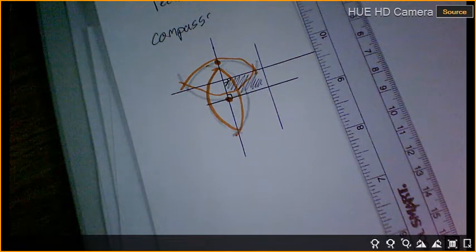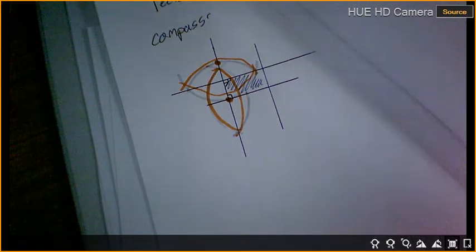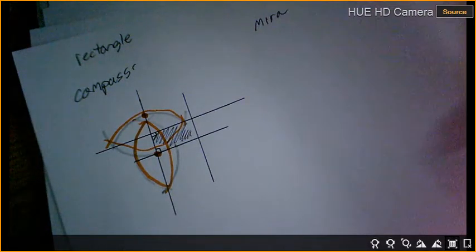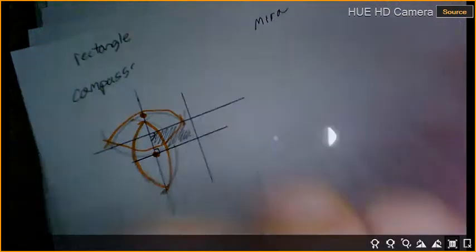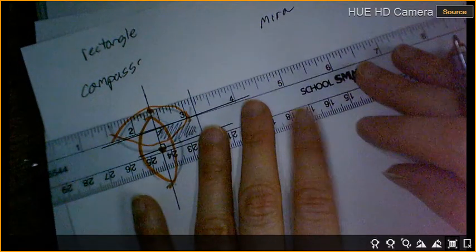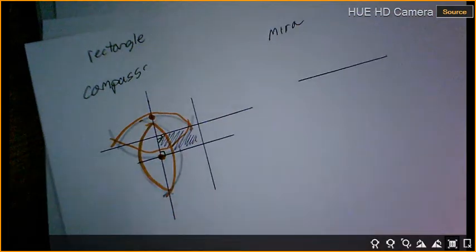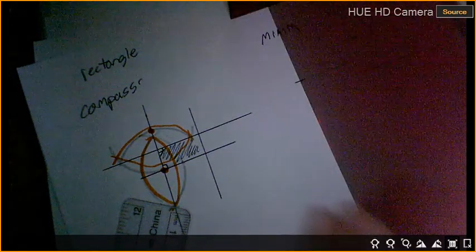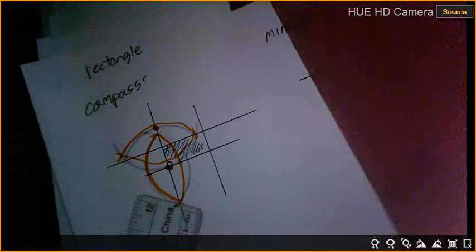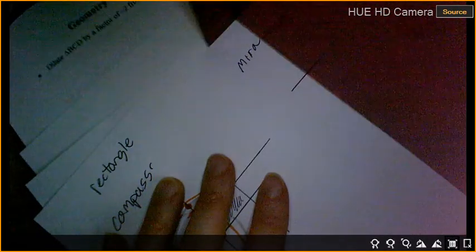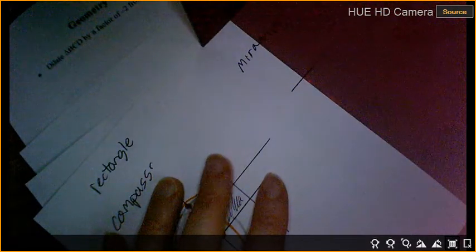All right, we're gonna do the mirror. I know this is fast, but we've got a lot to get through. Okay, the mirror. We always start with a straight line. Good. Then I am going to set up the mirror so that when I look through it, they meet, but I don't need it to go right in the middle.